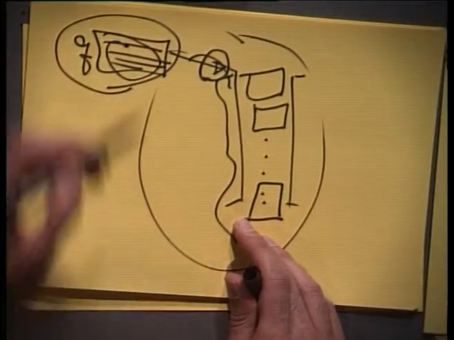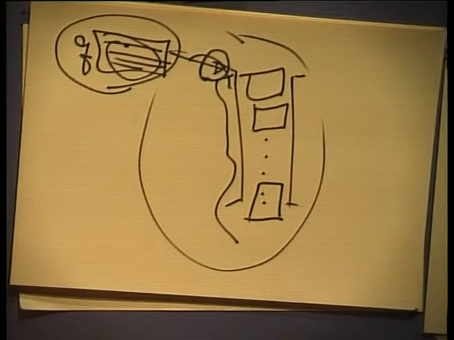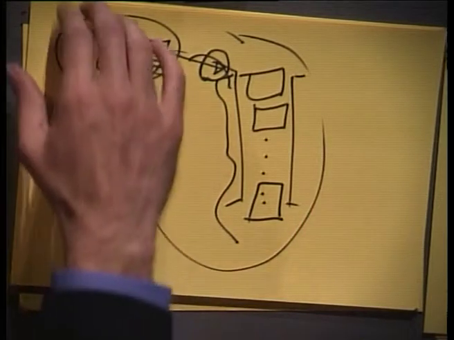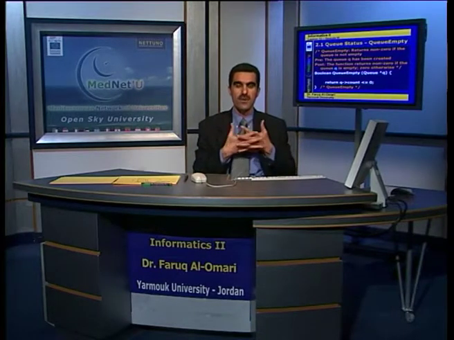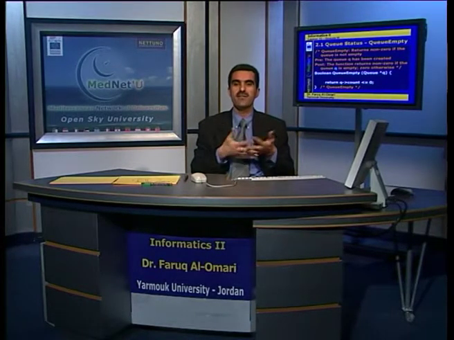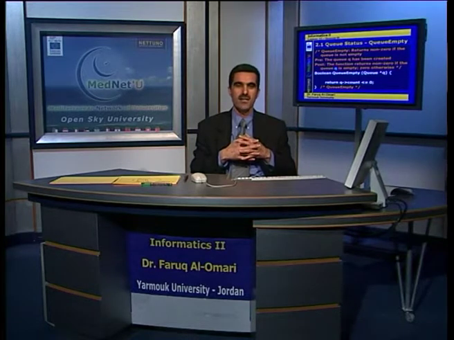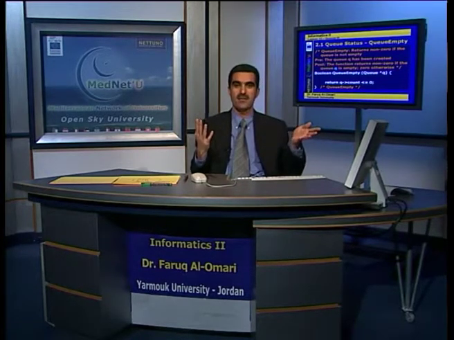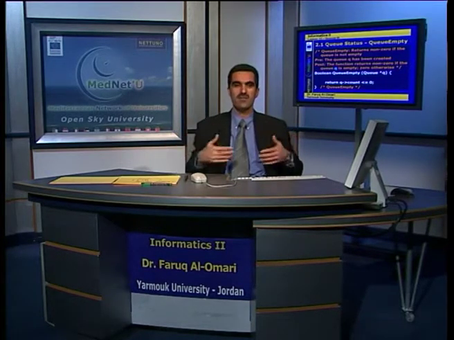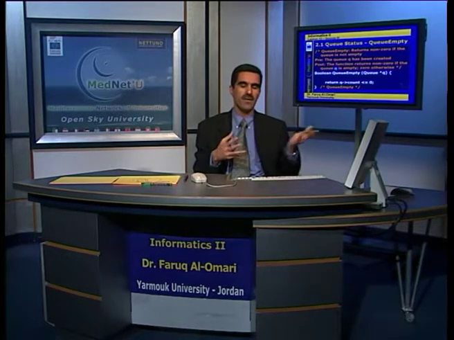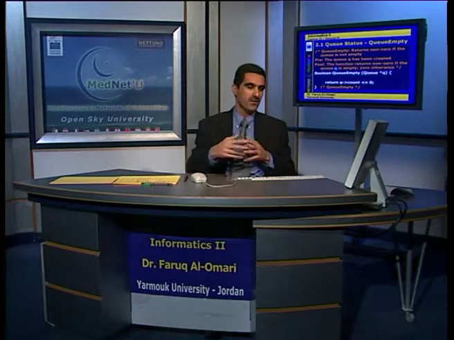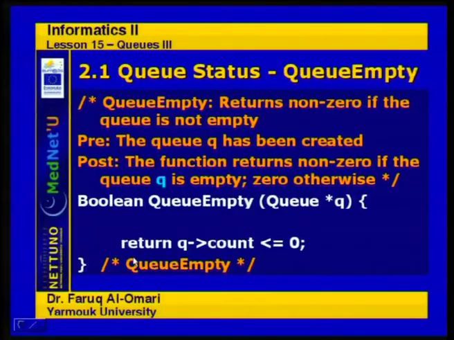One of the elements in here is called count, and that always gives me a report on the number of entries that I have inside the queue. So if this number is 0, then definitely the queue is empty, and I will return a yes. Otherwise, if that count is a non-zero value, then your queue is not empty, and you're going to return a false, a 0.